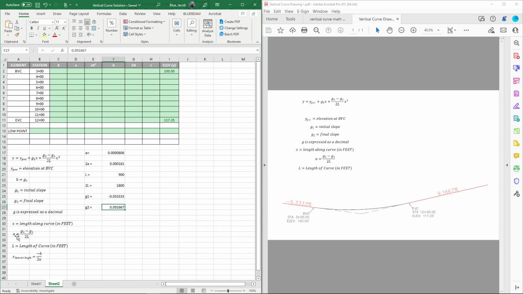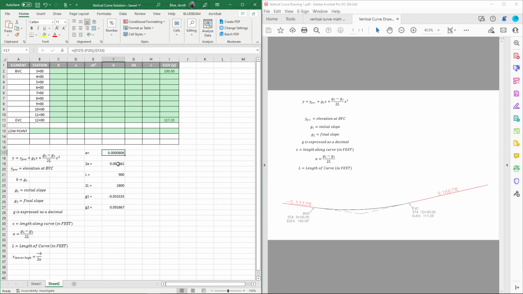So the variable A must be grade 2 minus grade 1 divided by 2L. And that gives me this very small decimal. I'm capturing 7 decimal places there just to get enough significant figures. And eventually I'm going to need 2A for calculating where our high or low point is.